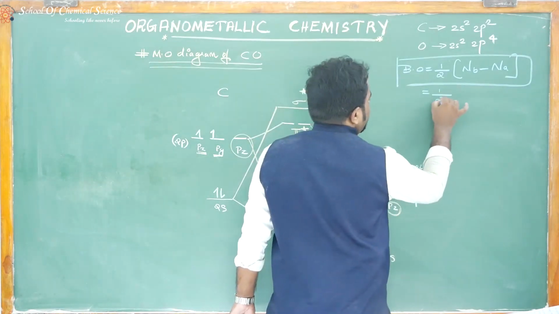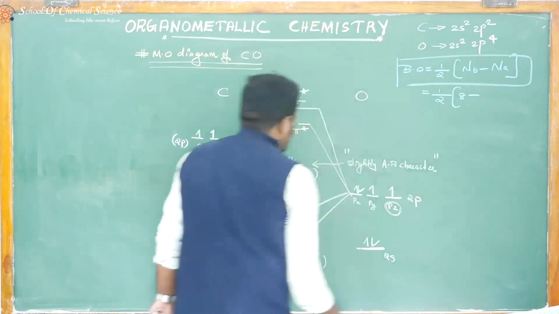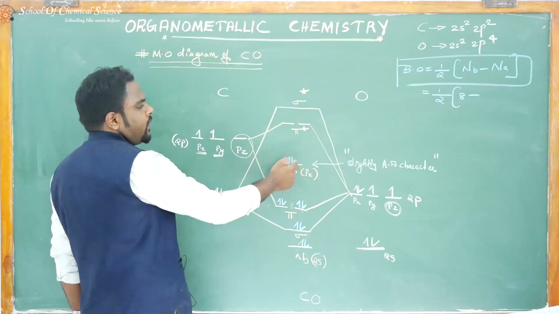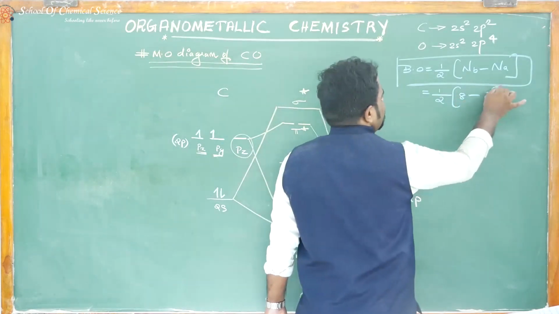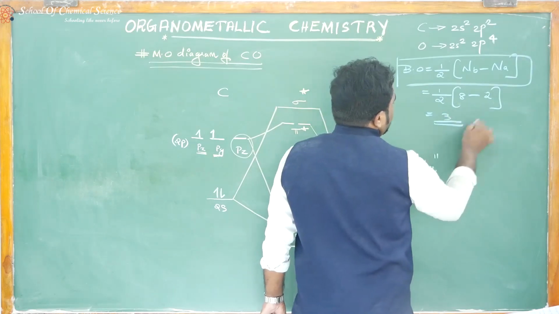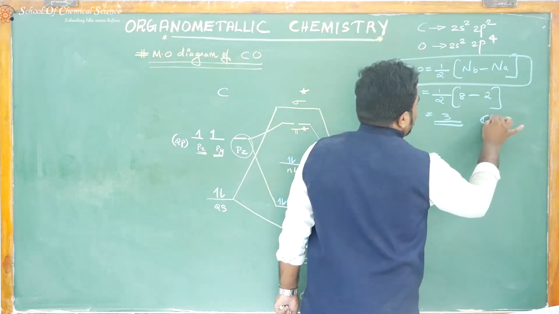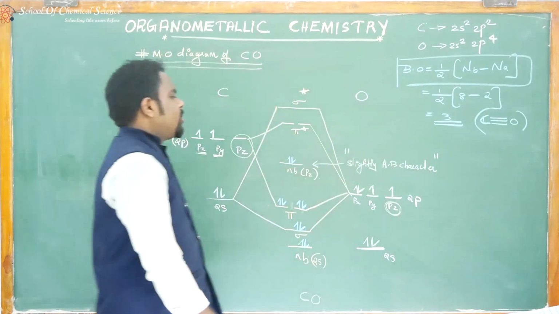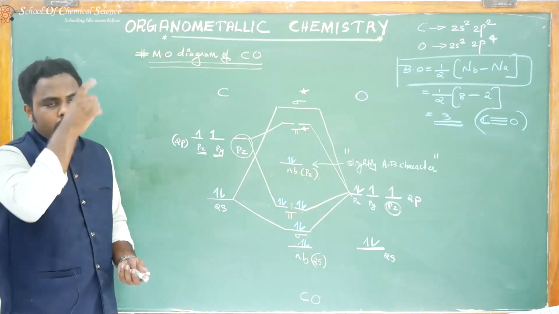That is half into 8 minus the slightly antibonding non-bonding pair, so number of antibonding electrons is 2. So 8 minus 2 is 6, by 2 equals 3. Bond order 3 means carbon monoxide exists as C triple bond O.